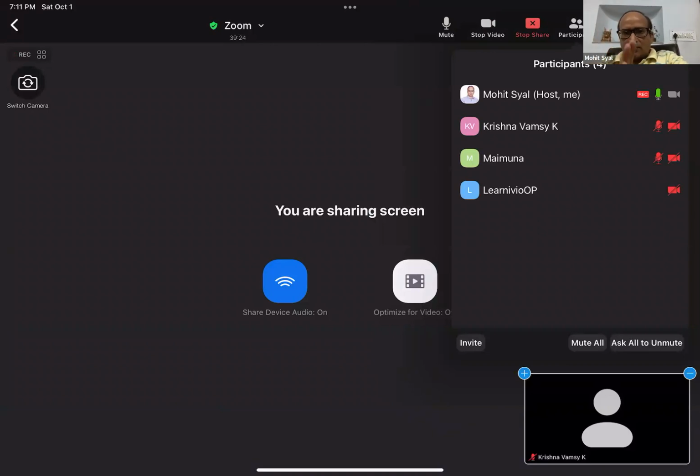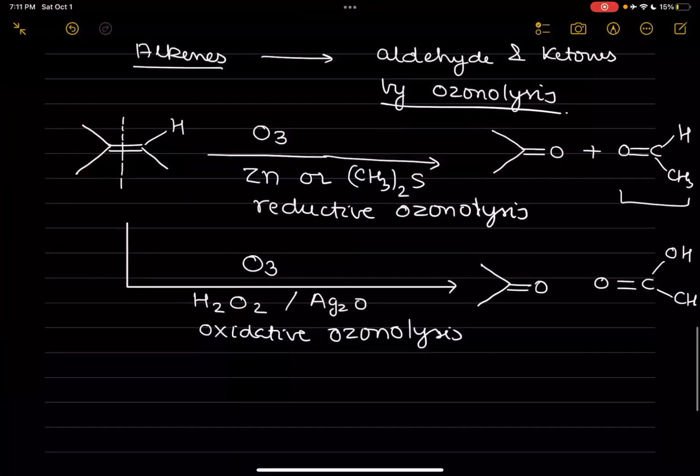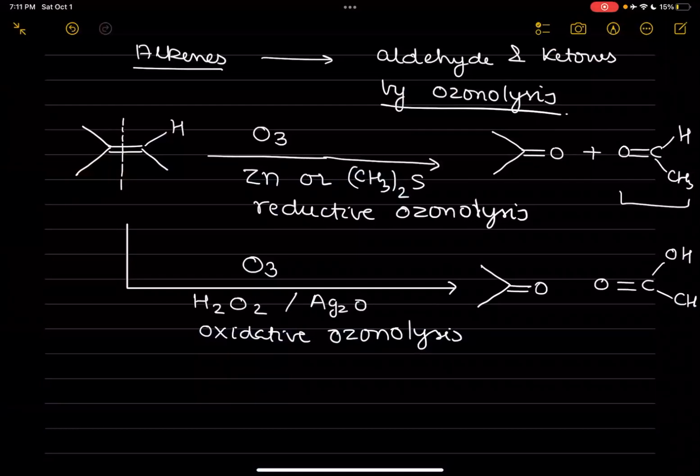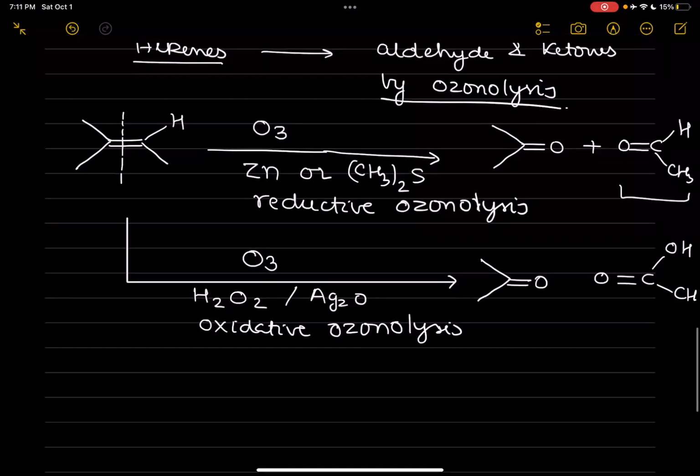You need to check what is written below the ozone. Is it oxidative or reductive? If it is reductive, you need to cut the bond. That's it, and that will give you the answer. But if it is oxidative, then you need to be very careful.